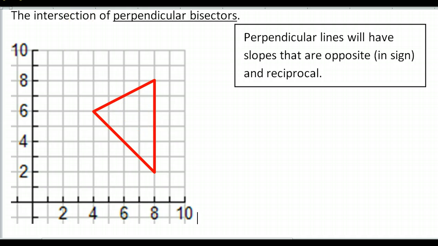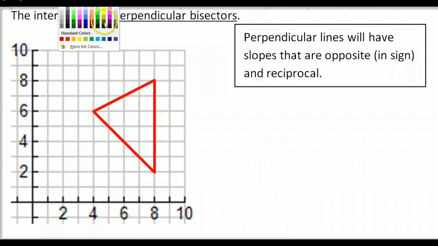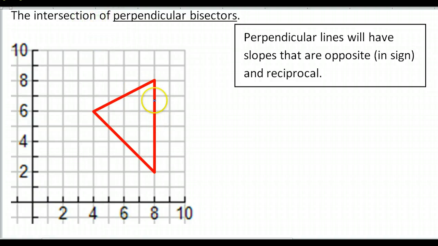So the easiest perpendicular bisector to draw is going to be the one that goes with this vertical line. So the midpoint of the vertical side here, let's see, 1, 2, 3, 4, 5, 6. This is 6 tall, so that means the midpoint is going to be right here. So if I draw a perpendicular line here, that'll be a bisector, and if it's perpendicular, it'll be a perpendicular bisector.